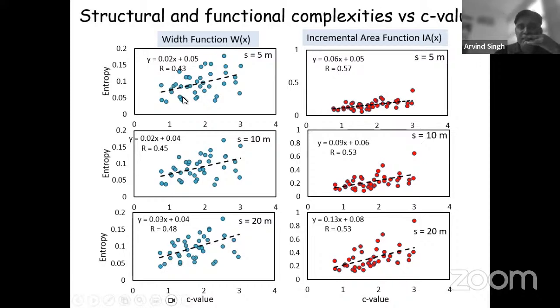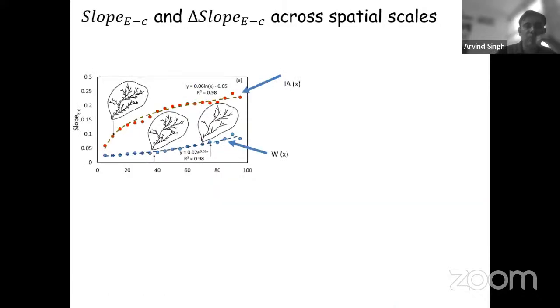As we can see, the slope is not that different in the case of width function as compared to the incremental area function. And this we can clearly see when we plot across scales the slope between entropy and C value for both width function and incremental area function.